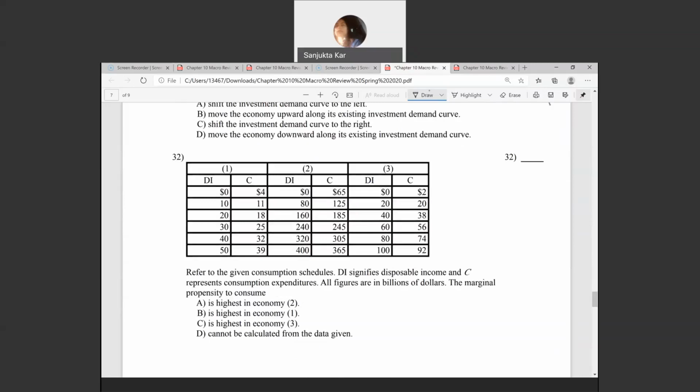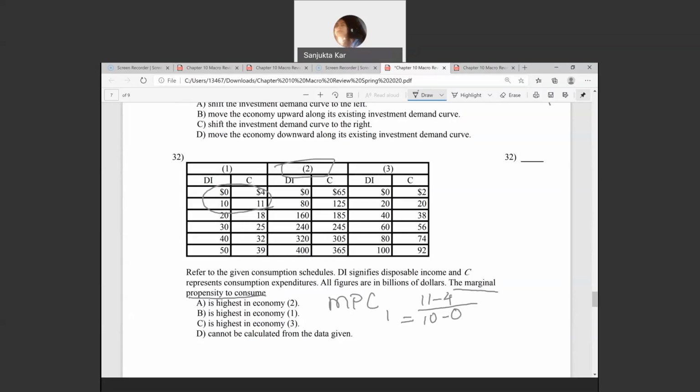The question is, the marginal propensity to consume is highest in which one? For economy 1, the marginal propensity to consume will be equal to 11 minus 4 over 10 minus 0.